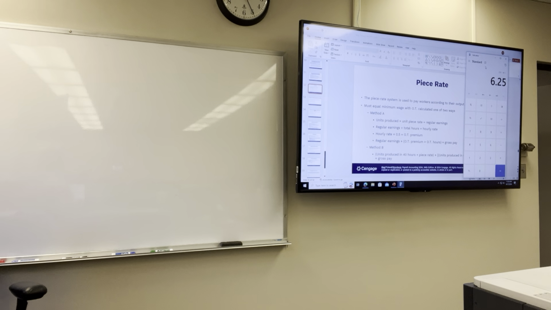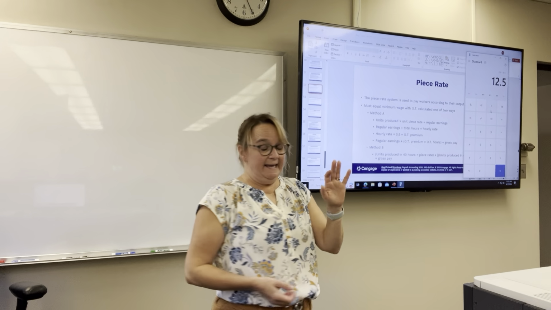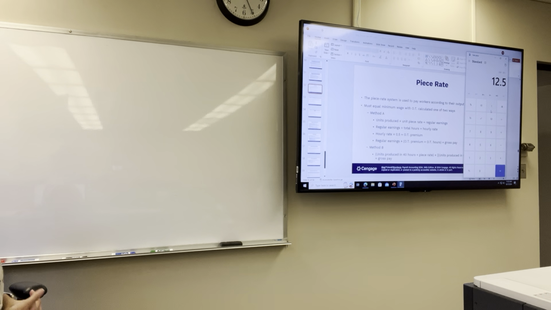So in that case, they would need to be paid an additional amount. So let's just say they worked 20 hours. So $250 divided by 20 hours, so they're making $12.50 per hour. Well, in this case, they're working 20 hours, so they wouldn't be being paid overtime. Maybe I need to use some different numbers.